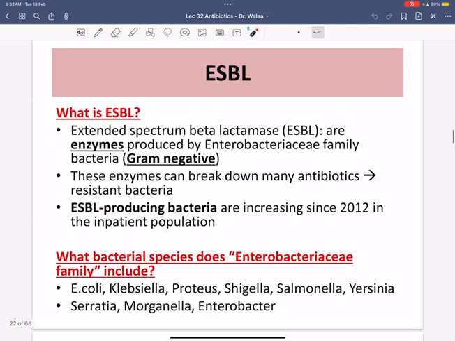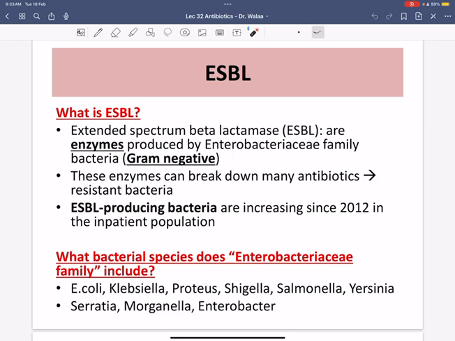ESBL means extended spectrum beta-lactamase producing bacteria. Now when we talk about which bacteria is ESBL positive and which is negative, we mean the Enterobacteriaceae family.